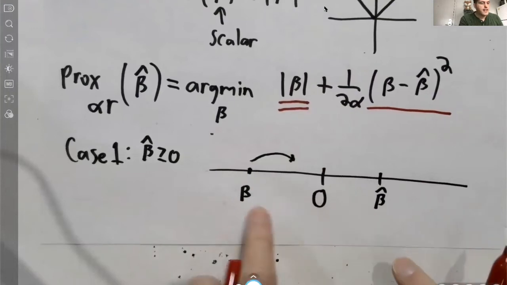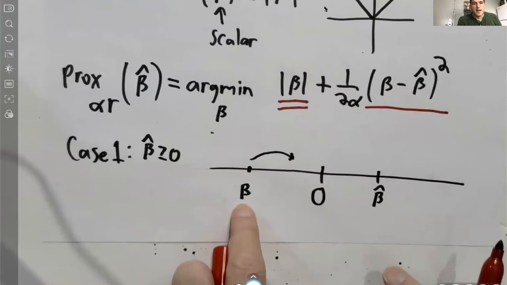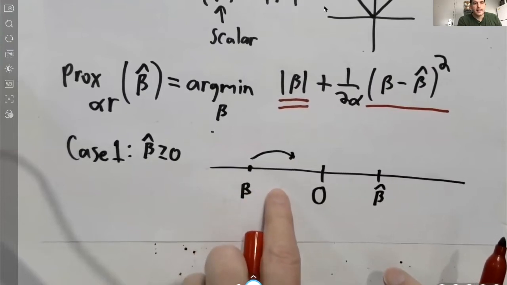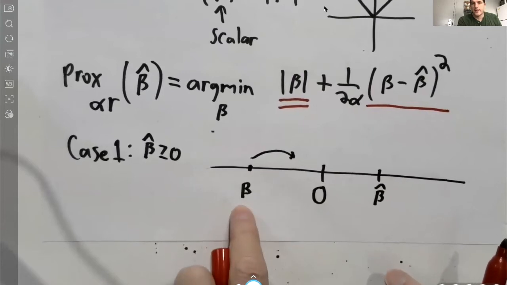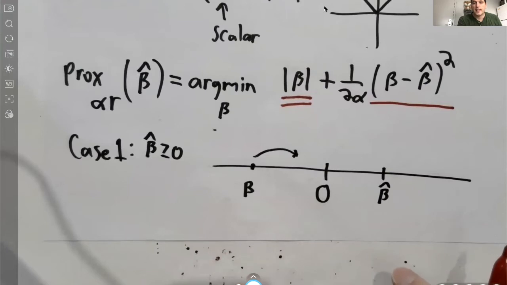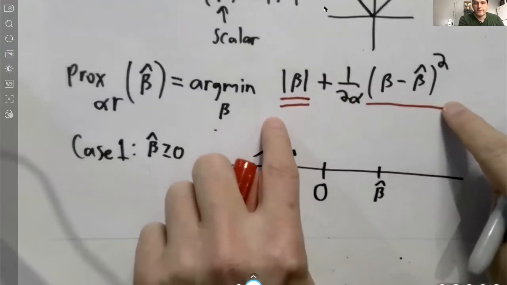So there's no way this number beta could be optimal. We can improve it just by moving to the right. As long as beta is negative, we can always improve it by moving to the right. So there's no way that a negative value of beta can be optimal for minimizing this objective function.